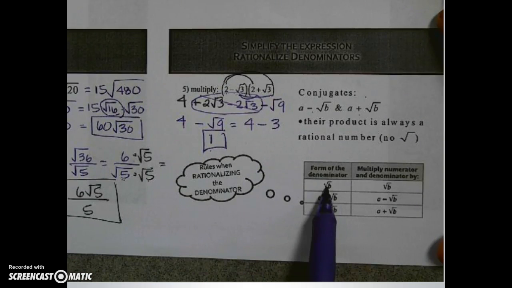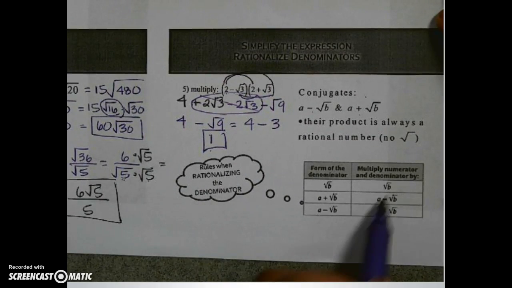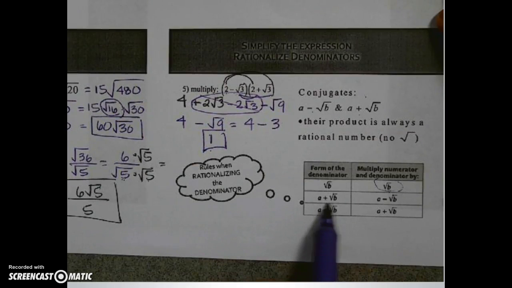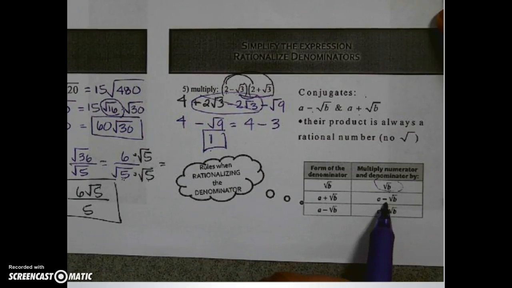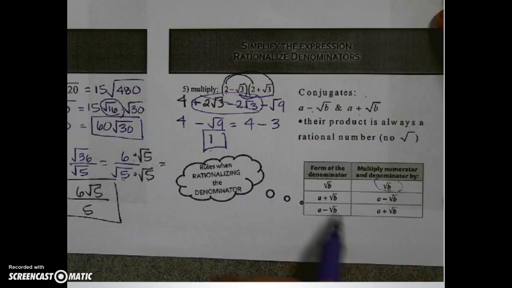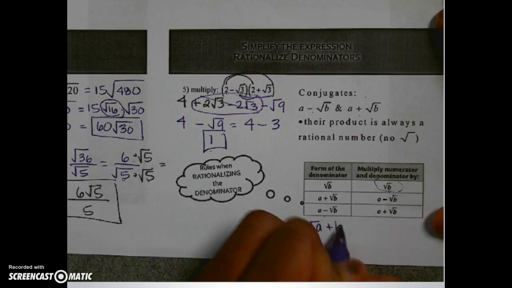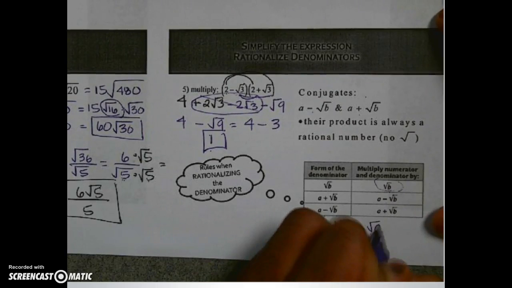So if I have a square root of b in my denominator like we had over here, I'm going to multiply it by radical b. If I have a plus radical b, I'm going to multiply it by a minus radical b. If they give me a minus radical b, I'm going to multiply it by a plus radical b. How will this look different? I guess if you had the radical first, then I would do square root of a minus b.